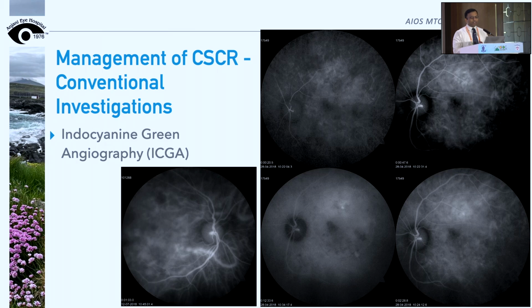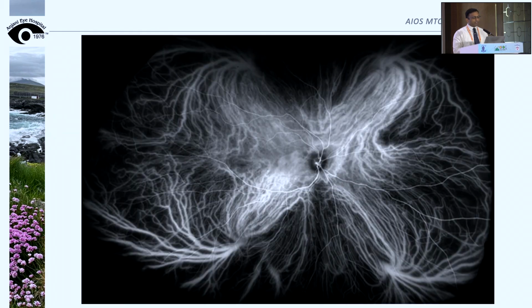And nowadays CSCR is being called a choroidal disease, and we can see on ultra-wide field ICG the watershed zones of the choroidal vasculature changing and going across the horizontal midline.